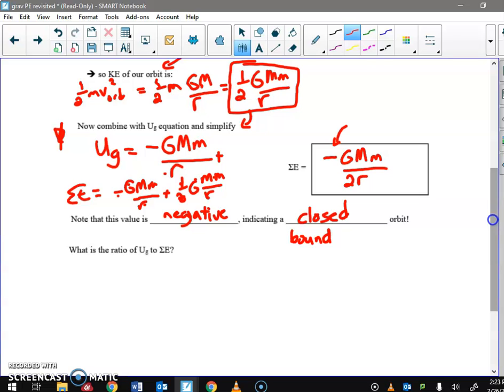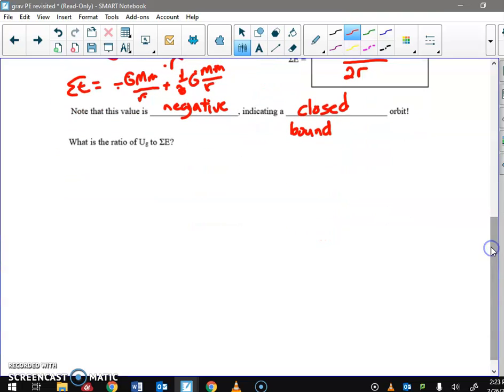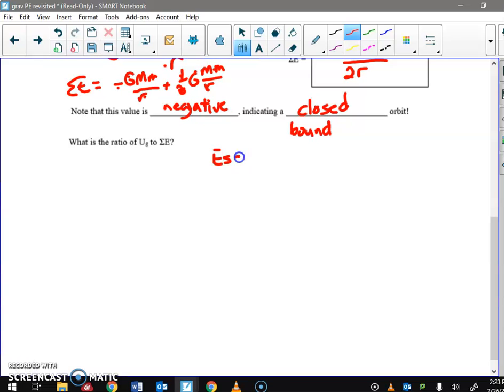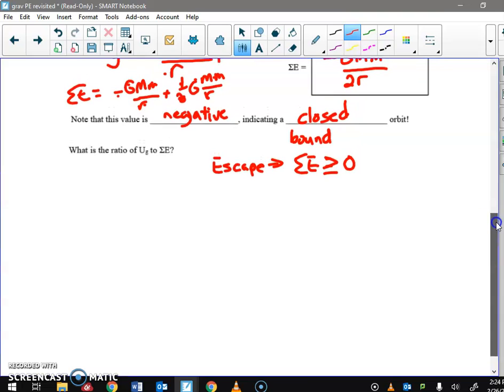If you want it to escape, to not be bound, we want our total energy to be greater than or equal to 0. So if you have any negative energy, that means you are in orbit or you are bound to that, either on the surface or, again, circling around and around.